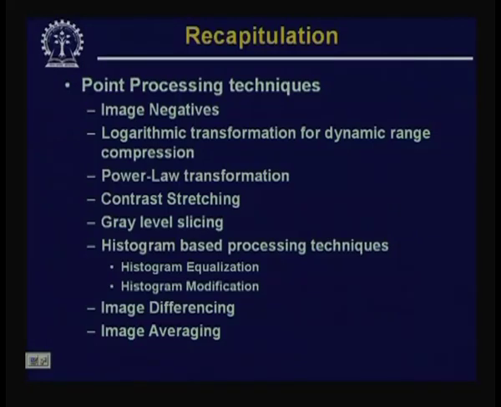Then we have talked about other enhancement techniques, where these enhancement techniques are based on histogram based processing operations. In other point processing techniques, we define a transformation function, where the transformation function simply works on a particular pixel of the input image to generate a processed pixel of the output image.